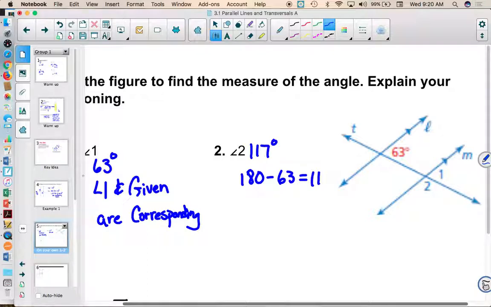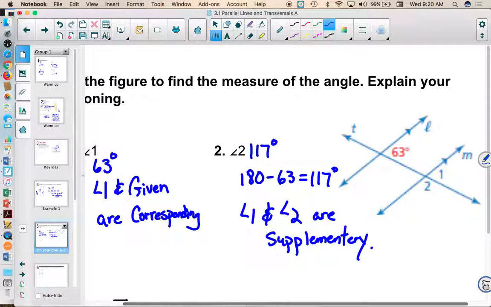You are correct. What kind of angles do we call angle 1 and 2? They're what type of angles? Supplementary. Good. Angle 1 and angle 2 are supplementary. That's my proof right there.